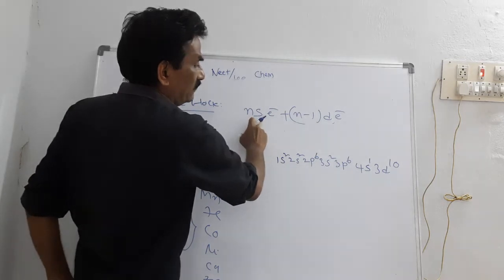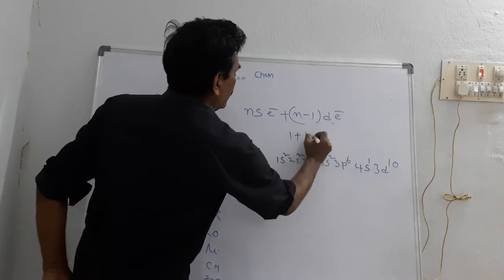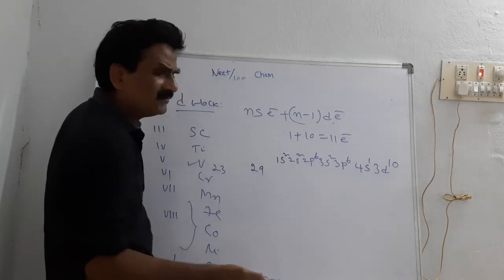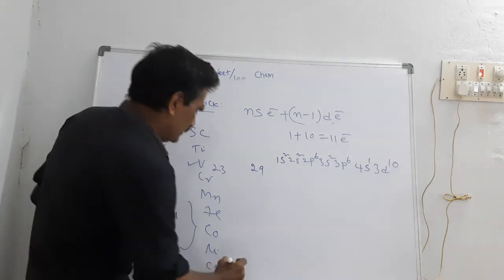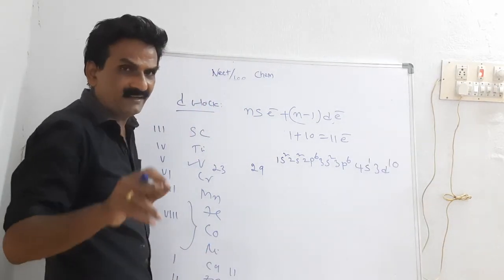So ns electrons 1, 3d electrons 10, so 11 electrons, that is 10 plus 1. So actually, I can say this is the 11th group.